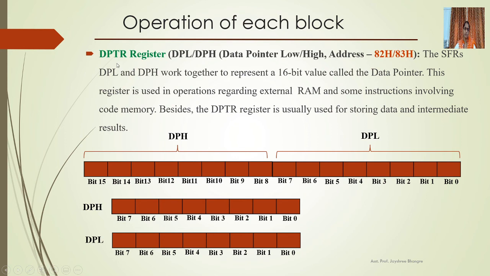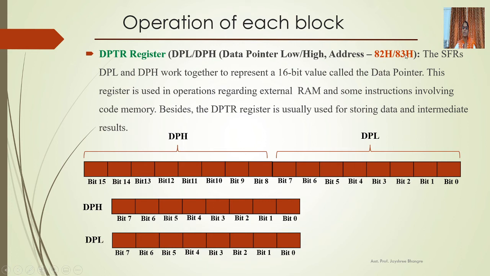Next SFR is the DPTR register, that means data pointer register, which is 16 bits wide. As we know that 8051 is an 8-bit microcontroller, so this 16-bit DPTR register is constructed using two 8-bit registers, that is DPL and DPH, means data pointer low, data pointer high.